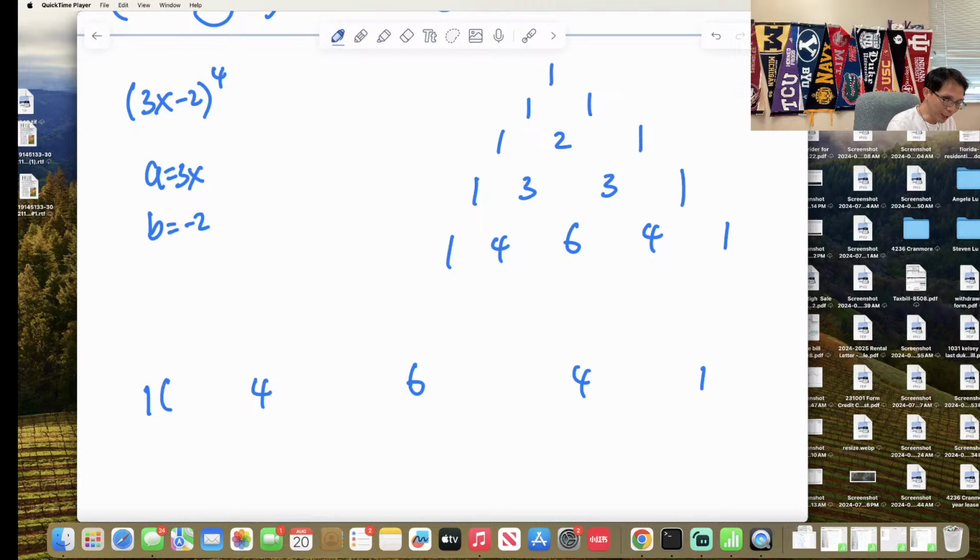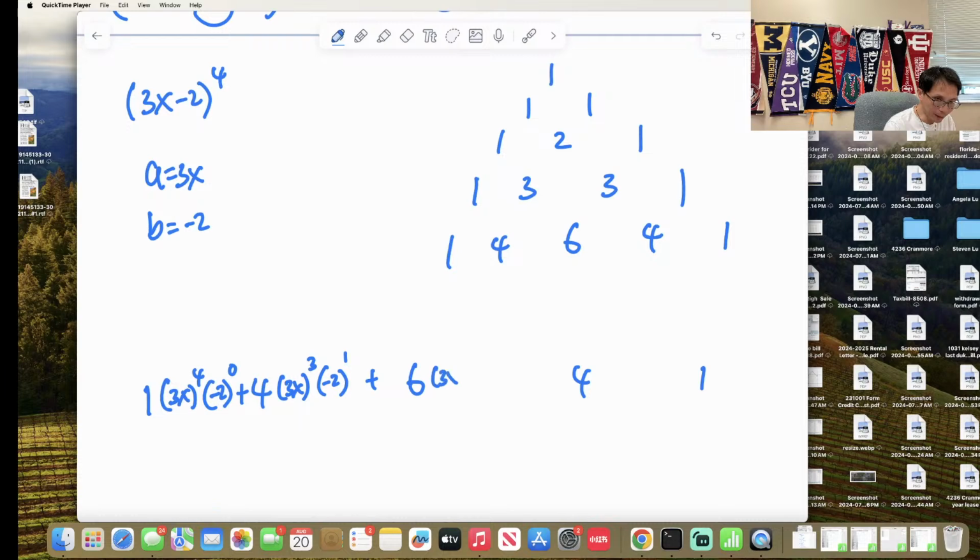So remember, a usually is a to the fourth power, so it'll be 3x to the fourth power and -2 to the 0 power. Is that okay? And this is gonna be 3x to the third power, -2 to the first. Is that okay?